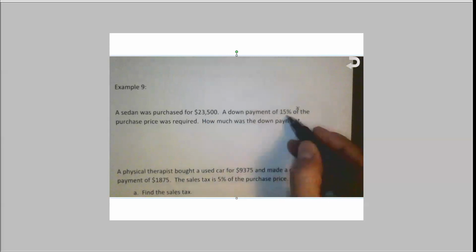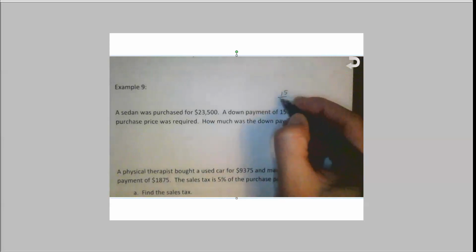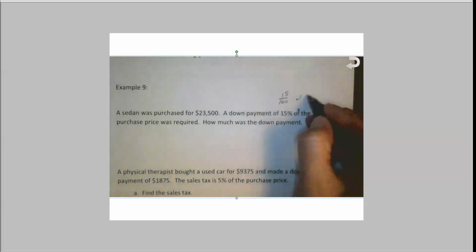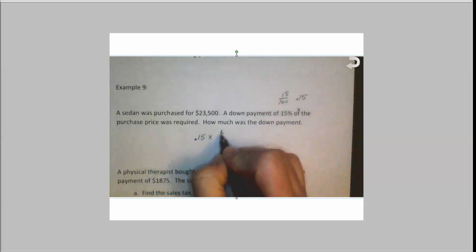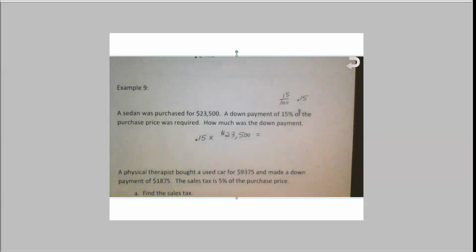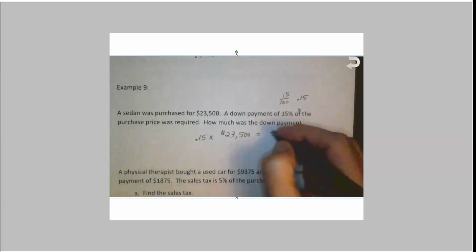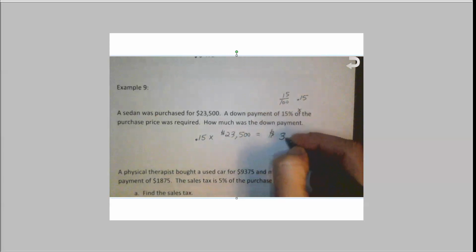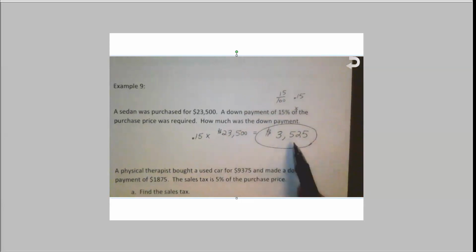Remember 15%, that's per 100, that's 0.15. So 0.15 times $23,500. All right, that gives me an amount of $3,525. Okay, that's the down payment.